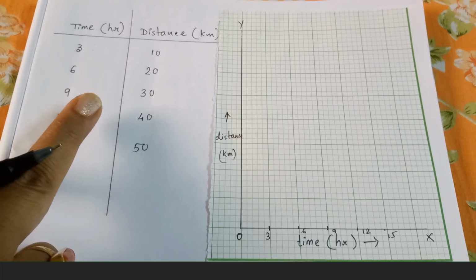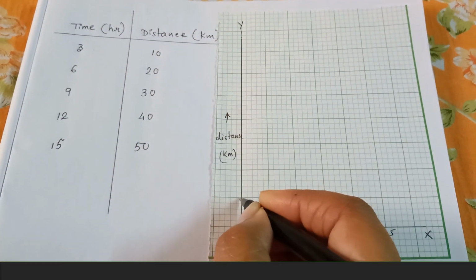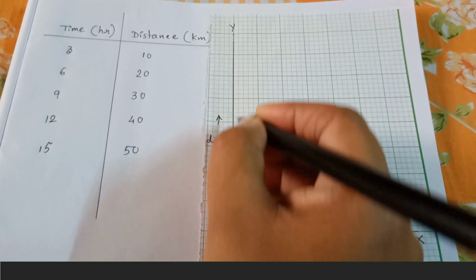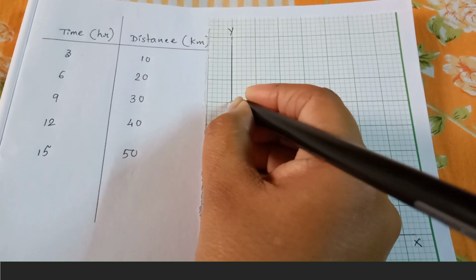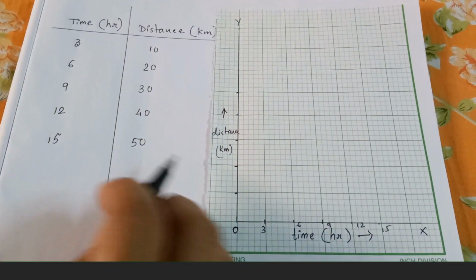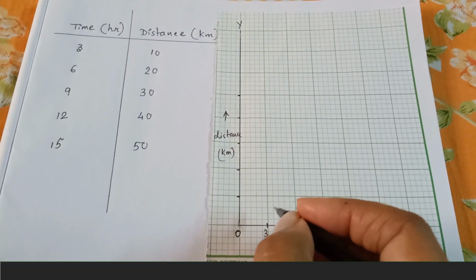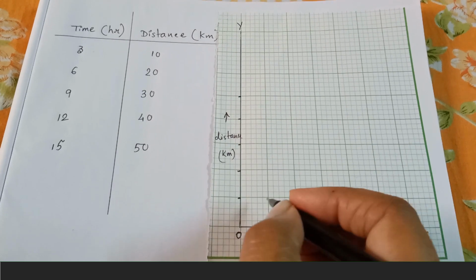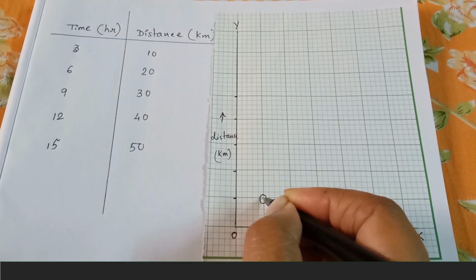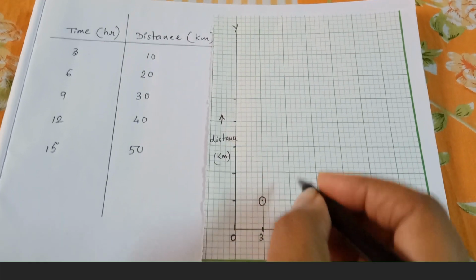Okay, now distance given in kilometer is 10, 20, 30, 40 and 50. Right, now I will plot. Though I am using here pen, you will use a sharply pointed pencil. So in 3 hour 10 kilometer, you have to give this point very prominently.